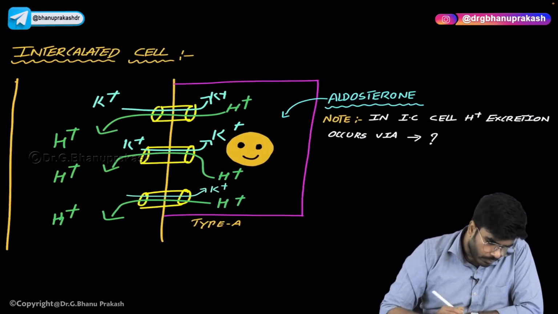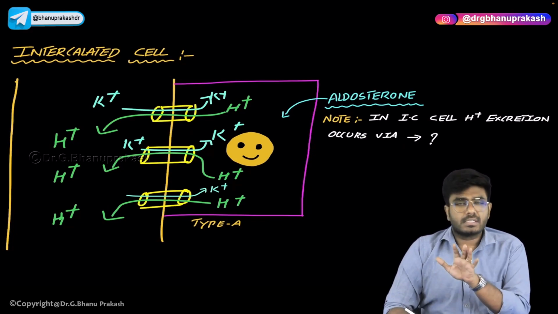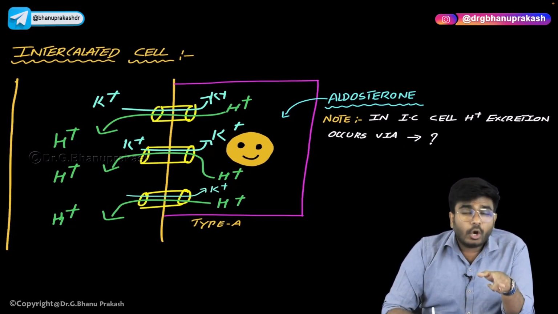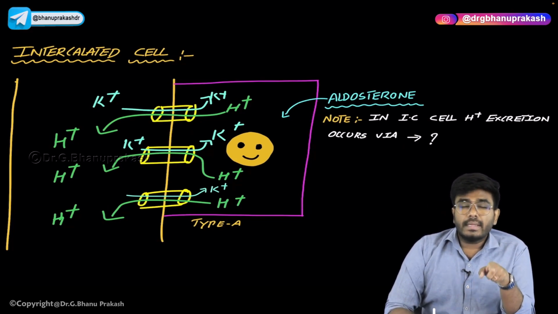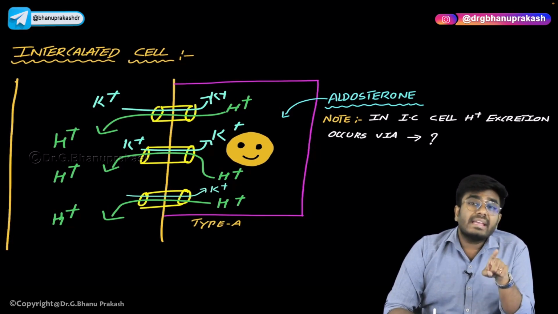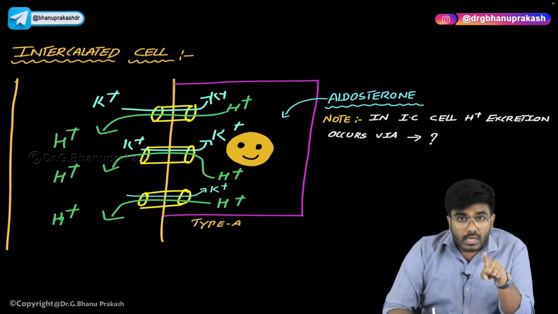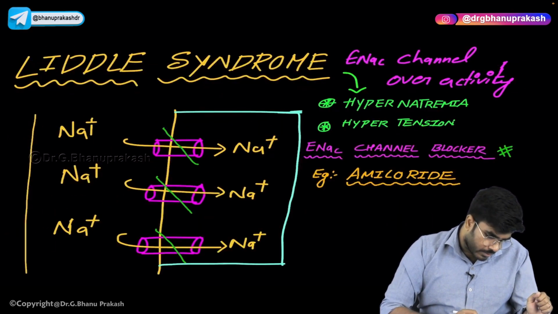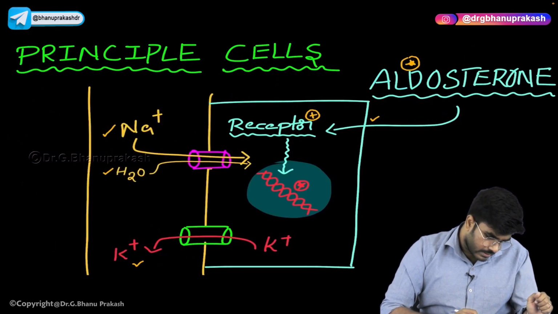Now, let us talk about a few important points about the intercalated cells. Just close your eyes and try to recall. When aldosterone is acting on intercalated cells, the intercalated cells will excrete protons. Please concentrate, guys. Let me show you this image.